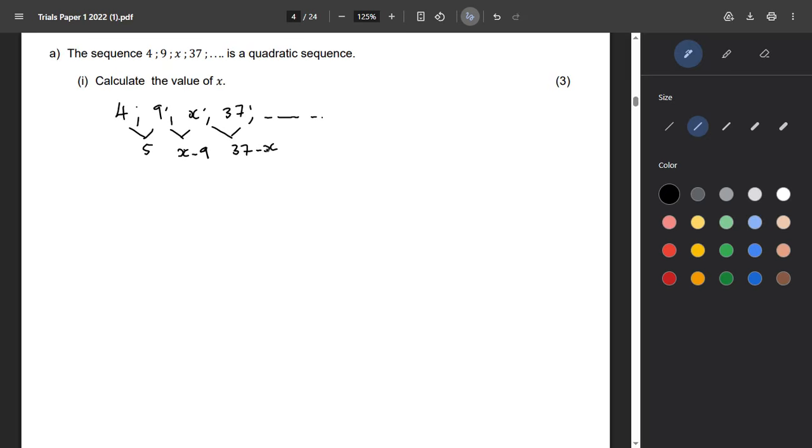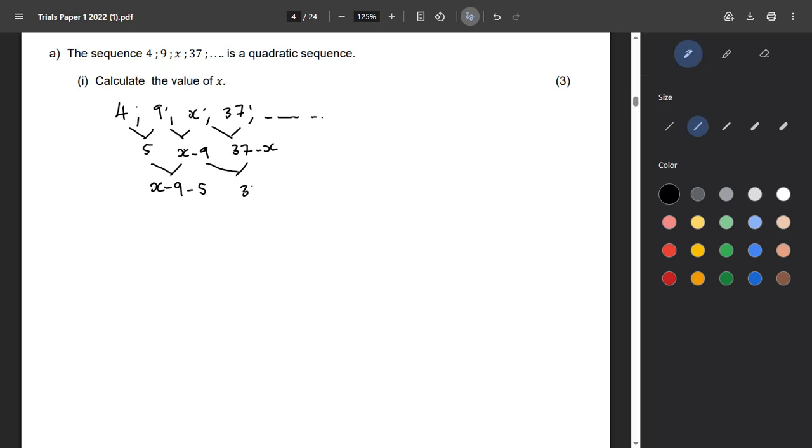Right, now I have my first difference. I need to work on finding my second difference. So my second difference will be x minus 9, then you minus that 5. And then we take 37 minus x, and we need to make sure that we put it inside the bracket.